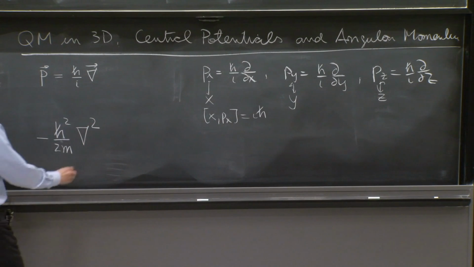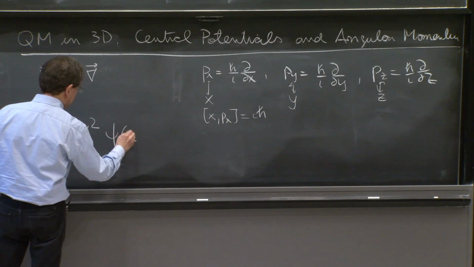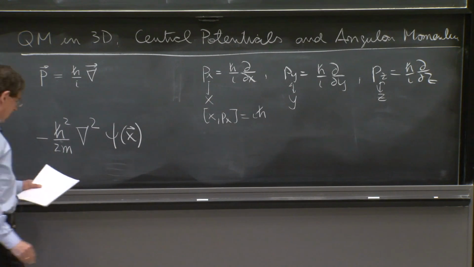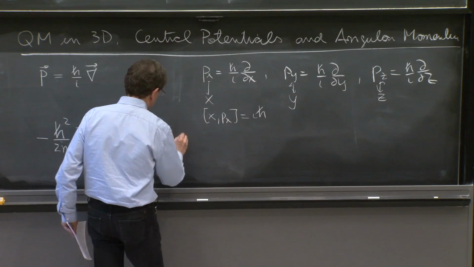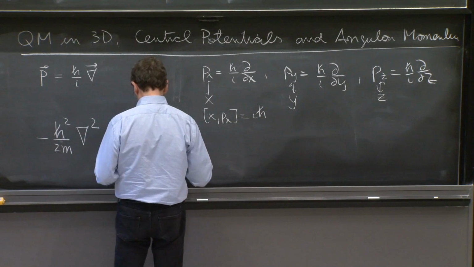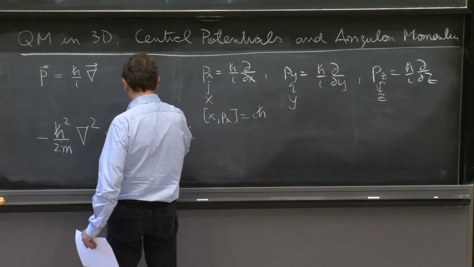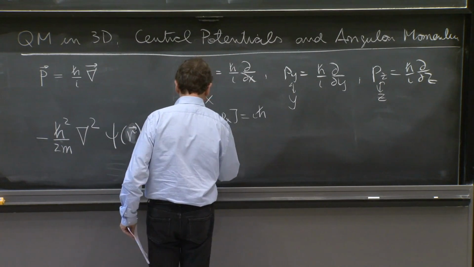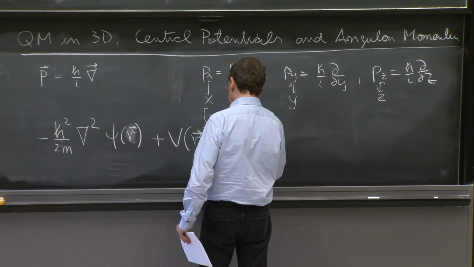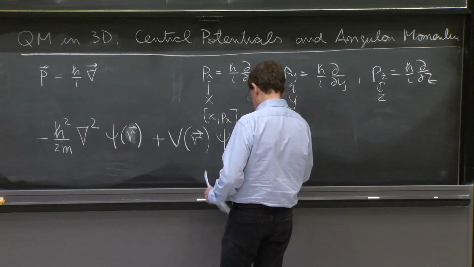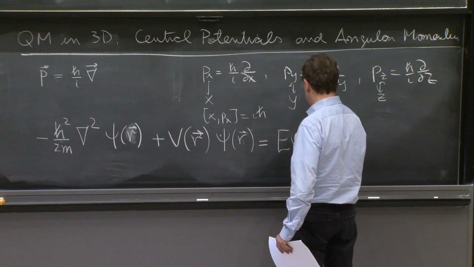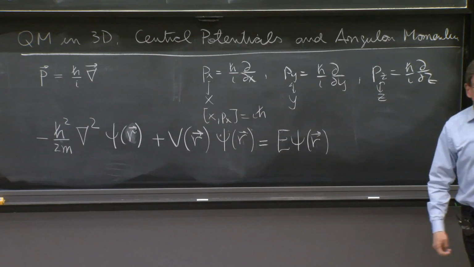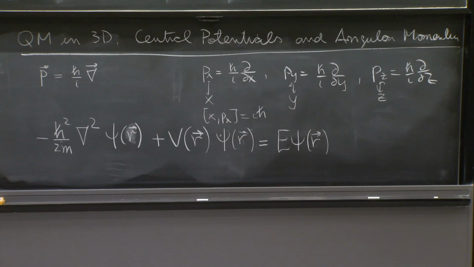And this time you have a wave function that depends on the vector r, plus V of r, psi of r, equal E psi of r. This is our time-independent Schrödinger equation.